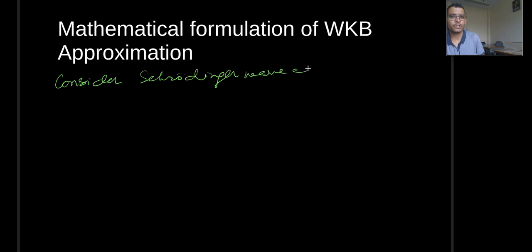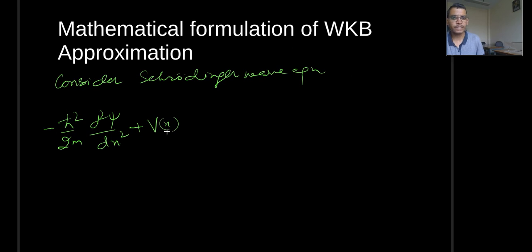The Schrödinger wave equation is like this: minus h cross square by 2m d square psi over dx square plus V, and V is not a constant but a function of x, times psi, is equal to E psi.